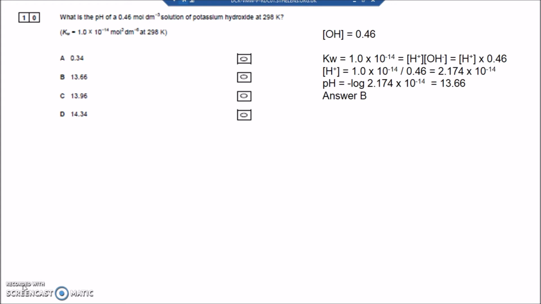You've been given the OH minus concentration, so H plus concentration is 1.0 times 10 to the minus 14 divided by the OH minus concentration 0.46, 2.174 times 10 to the minus 14. pH is minus log to the base 10 of that, 13.66, which seems reasonable for the pH of potassium hydroxide, which is a strong base. Answer B.